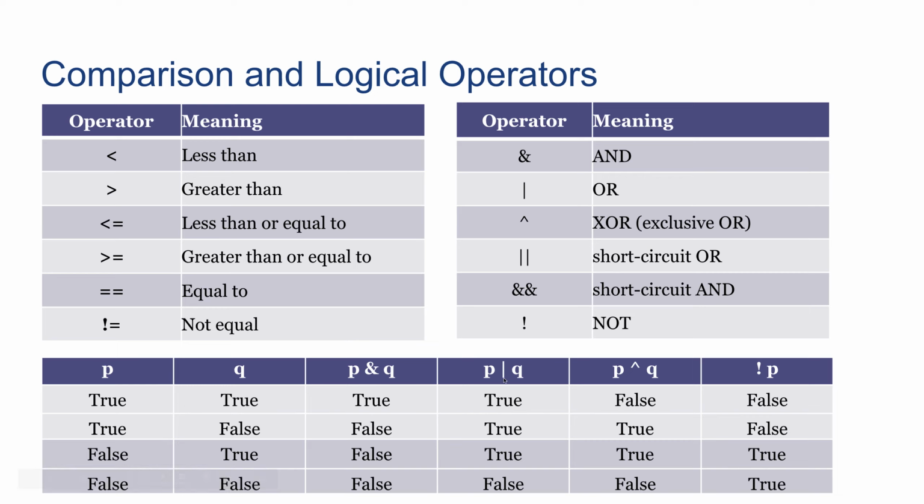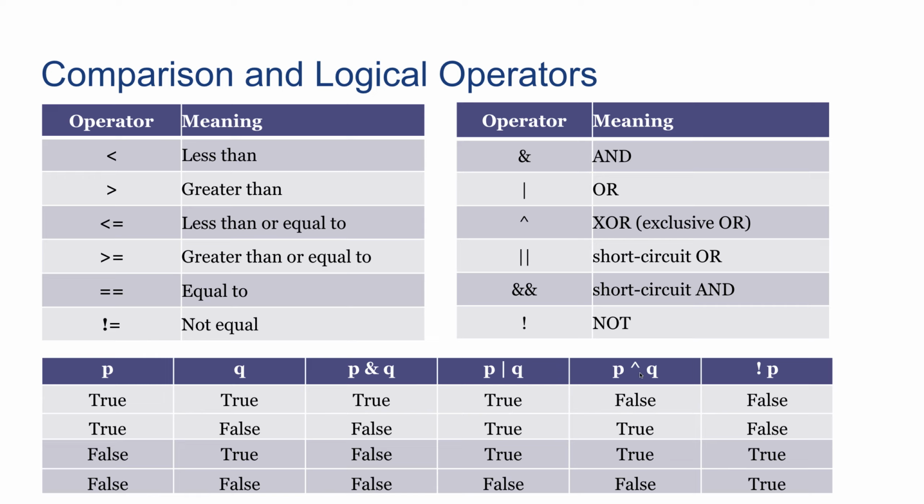In case of OR, if P is true and Q is true, P or Q is true. If any of them is true, in this case true-false and false-true, P or Q will be true. If both are false, P or Q will be false.